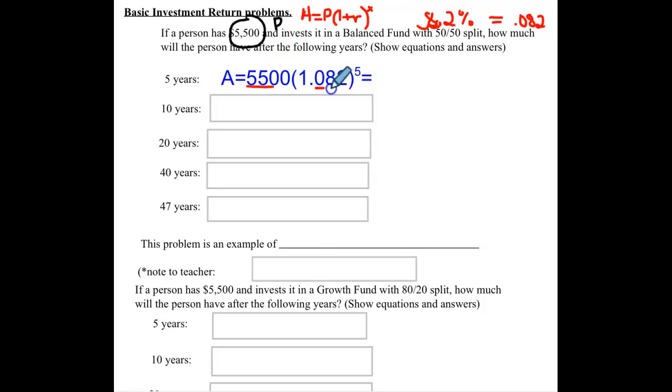Again, we converted that into 0.082. The 1 here that you see in this equation stands for the original 100% of your principal. If you don't have that in there, if you just put 0.082, your money is going to decay instead of growing. So we do need that original 100%, and now we're making it grow by an extra 8.2%.